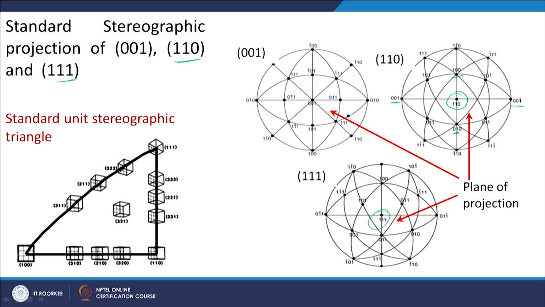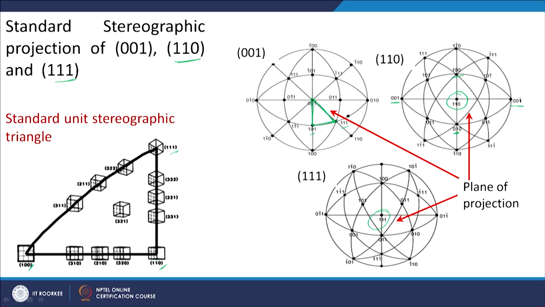And you can also show the same relationship in a standard unit stereographic triangle, which is basically a triangle like this. So, you have 0 0 1, 1 0 1 and 1 1 1, or 1 0 0, 1 1 0 and 1 1 1. These are interchangeable, nothing to worry about here, and the other orientations you can show in between them.